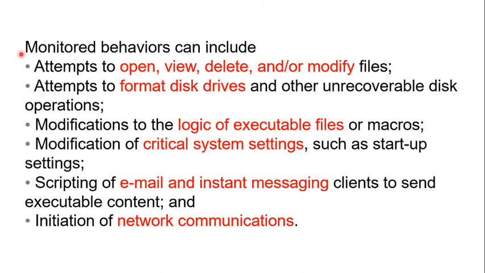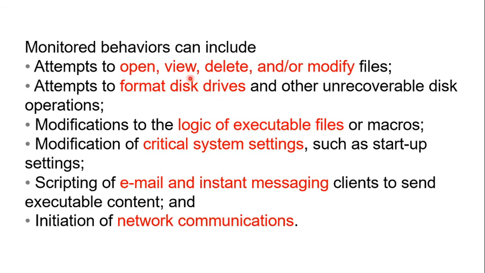So what are all such behaviors? Here are a few behaviors which I just listed out. If there is an attempt to open, view, delete or modify any files, the behavior has to be monitored. Even when you try to deal with the disk drives, or very importantly when you deal with executable files.